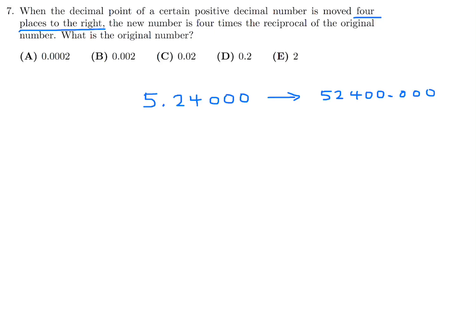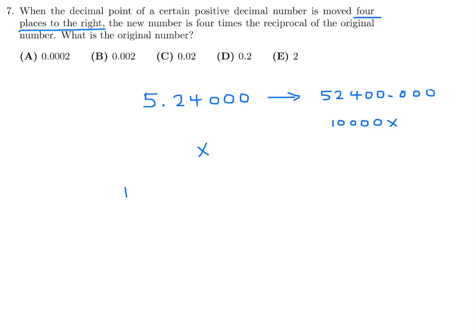Okay? So when you did this, what happened? It basically made the number 10,000 times bigger. Correct? If you look at those two numbers, you'll see that it's 10,000 times. So if we have a number, we'll let it equal x. And then you do this operation, which is move the decimal point 4 to the right.